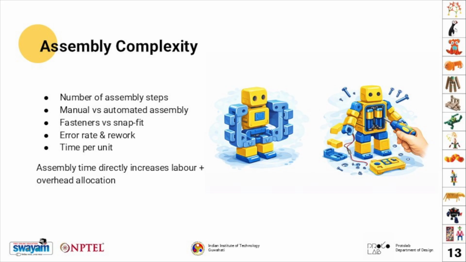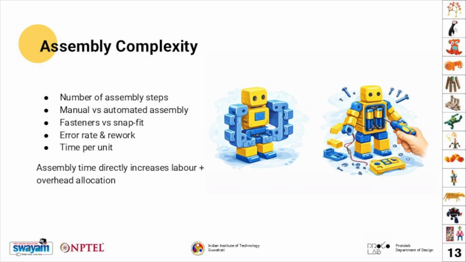The second toy requires more assembly stations, more skilled labor, more inspection checks, and more opportunities for error. Even if the material cost difference between the two toys is small, the assembly cost difference can be significant.